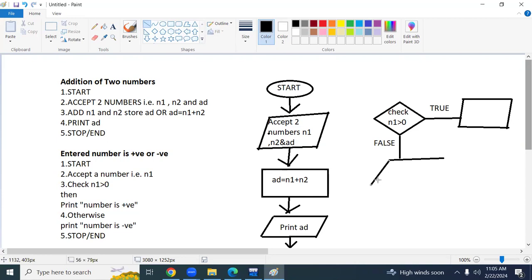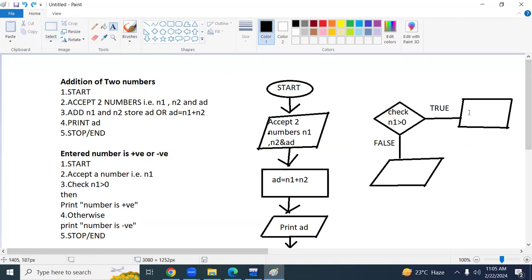I'm just trying to draw here properly. Okay, let it be. The rest of the formatting we'll do afterwards.